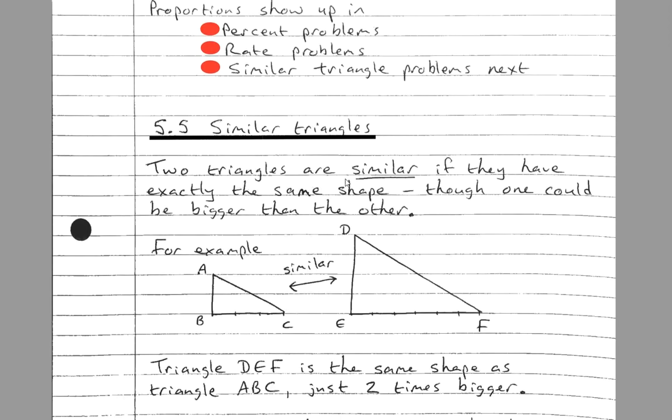And so what does it mean for two triangles to be similar? Here similar has a technical mathematical meaning. Two triangles are similar, well, roughly it means they have exactly the same shape. One triangle could be bigger than the other, but we want the shape to be the same.